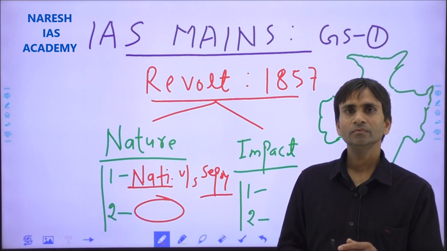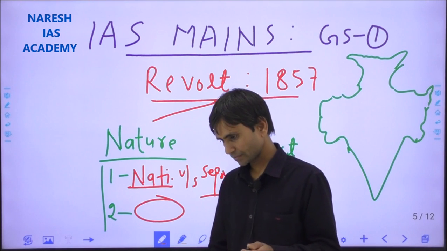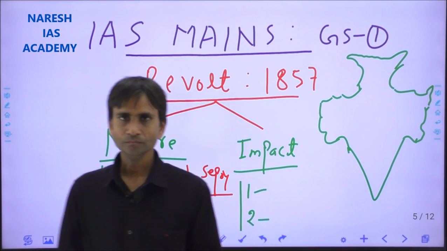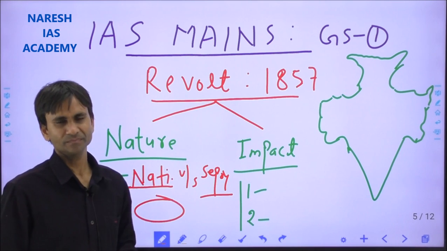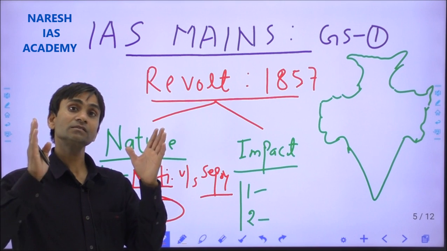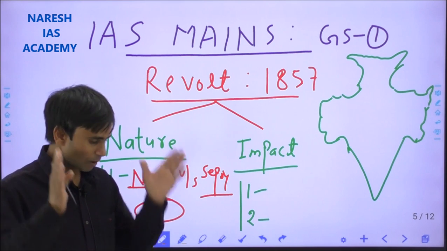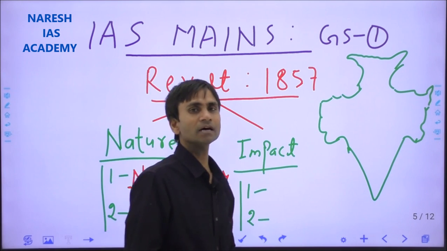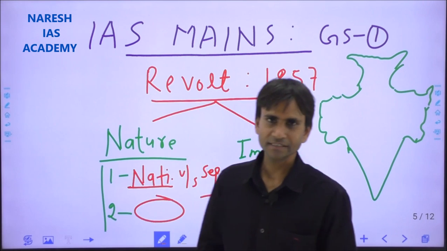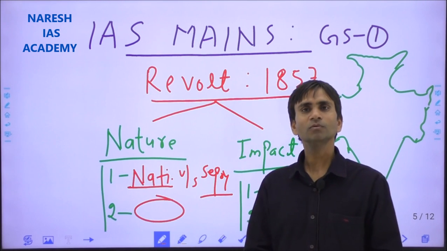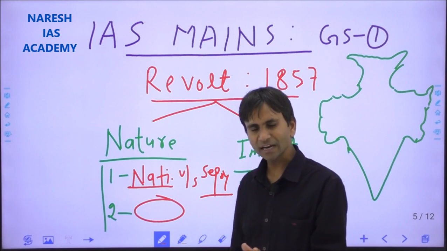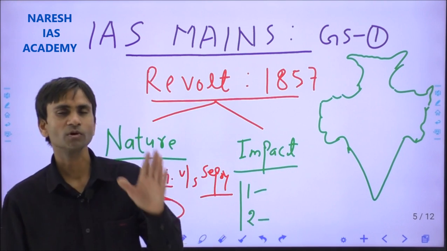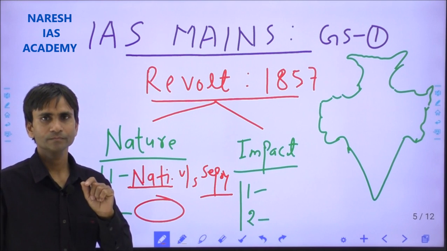Most Indian scholars agreed that this was nationalist in its nature, and this theory was propounded by V.D. Savarkar when he stated the revolt was India's first national, and also a freedom struggle.